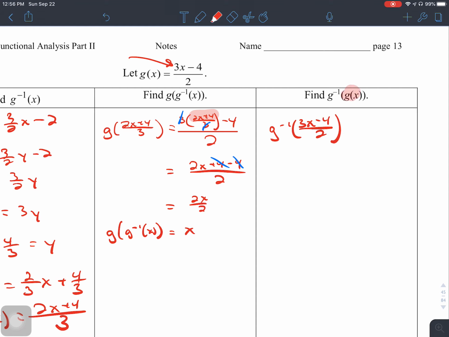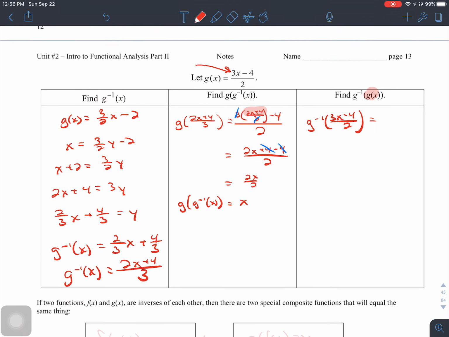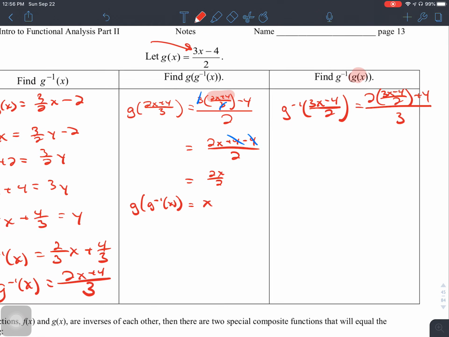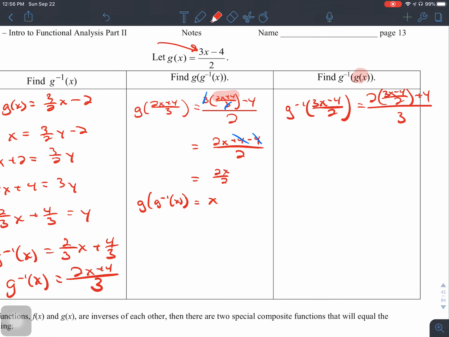Supposed to put function g into function g inverse. So it's going to be 2 times 3x minus 4 over 2, plus 4, over 3. So just to make sure I did that right, I should have 2 times, plus 4, over 3, replacing x with 3x minus 4 over 2.